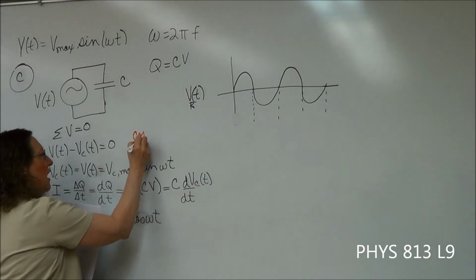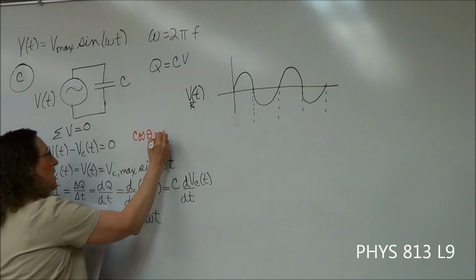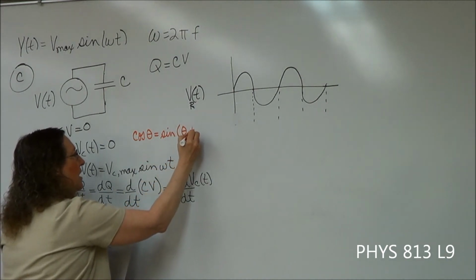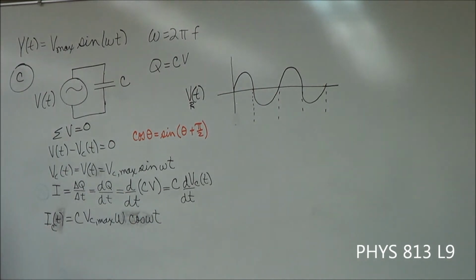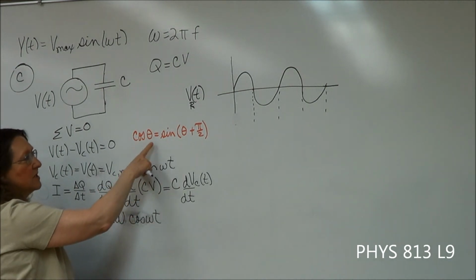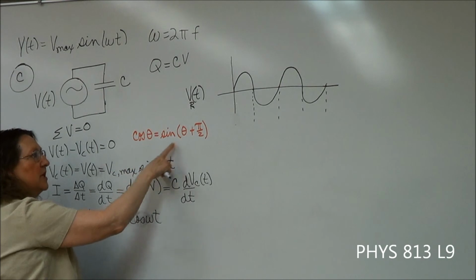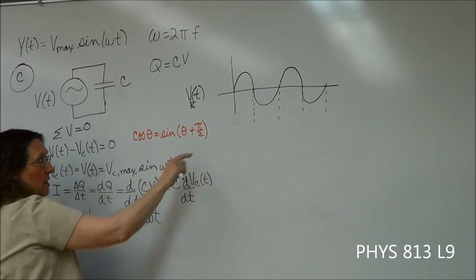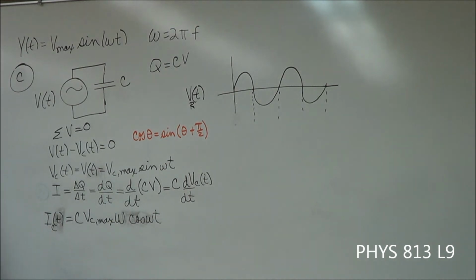Cosine of theta is sine of theta plus pi over 2. When we're writing these, I normally write pi over 2. If you're doing anything with it, you remember that pi over 2 is 90 degrees. This just tells you that sine and cosine have the same shape, except that they differ by 90 degrees. We'll see how that affects things when we're drawing our current graph.